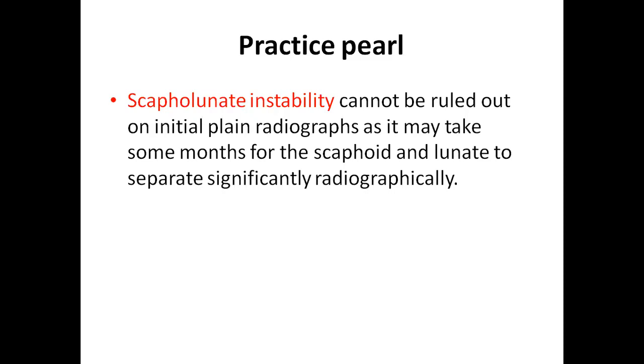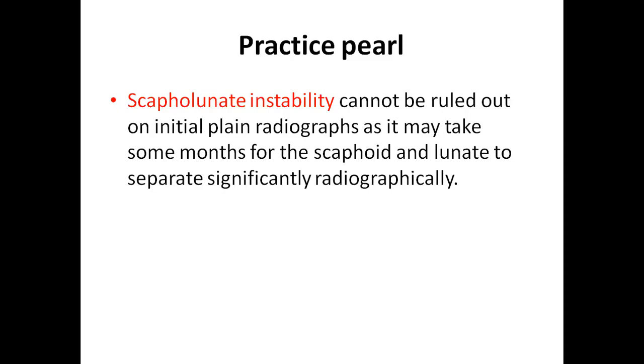This is one very important thing to remember: the scapholunate instability which we discussed cannot be ruled out on an initial radiograph. Why? What is the reason? Because it may take some months for the scaphoid and lunate to separate significantly radiographically. Significantly radiographically means to be easily visible on the radiograph.